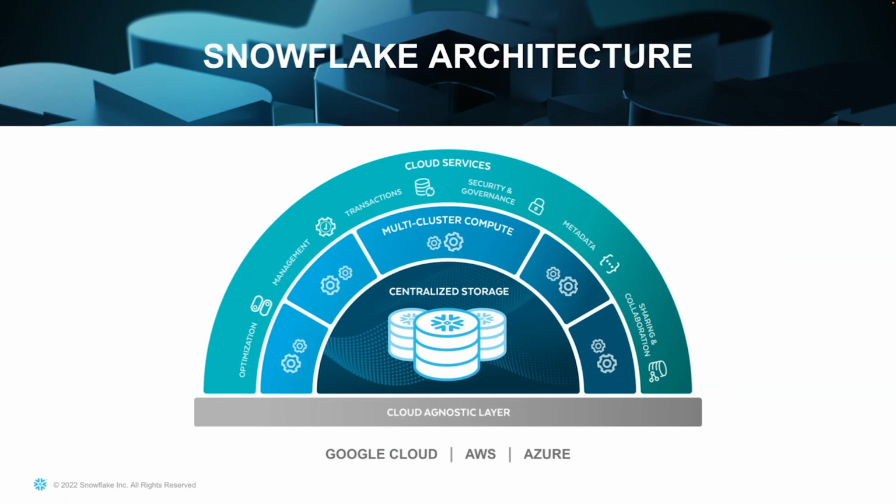That is things like our query optimization, data management, transactions, all of the metadata that you have, even the sharing and collaboration of that data across organizations, across other teams. So this is that RBAC control, role-based authentication that you can implement with Snowflake, things like that. And so altogether, this is the Snowflake architecture that powers this global unified network of data that you can build applications on top of.